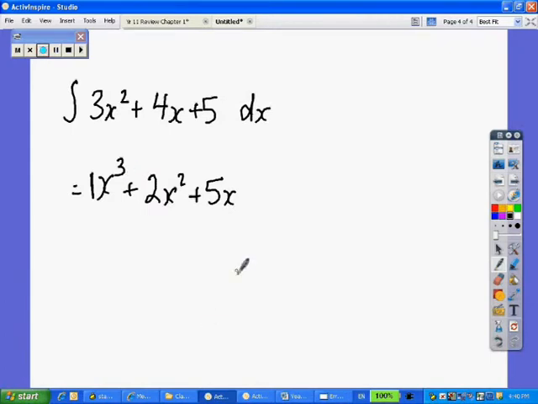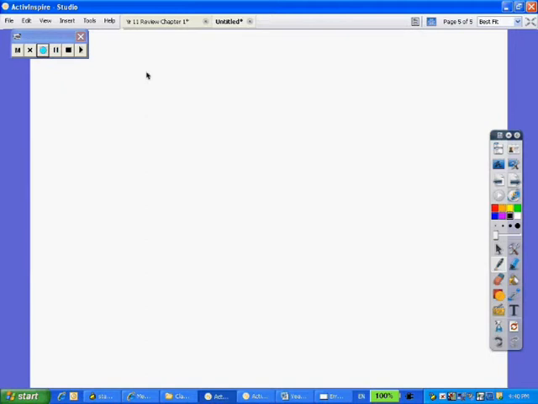So those are the antiderivatives of those functions. Let's have a look at a couple more. If we want to find the antiderivative of 2x to the power 7, then y is equal to 2x to the power 7.